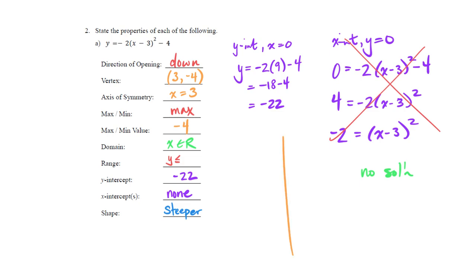And so if we consider something that we learned earlier on in the unit, the location of the vertex and the direction of opening.